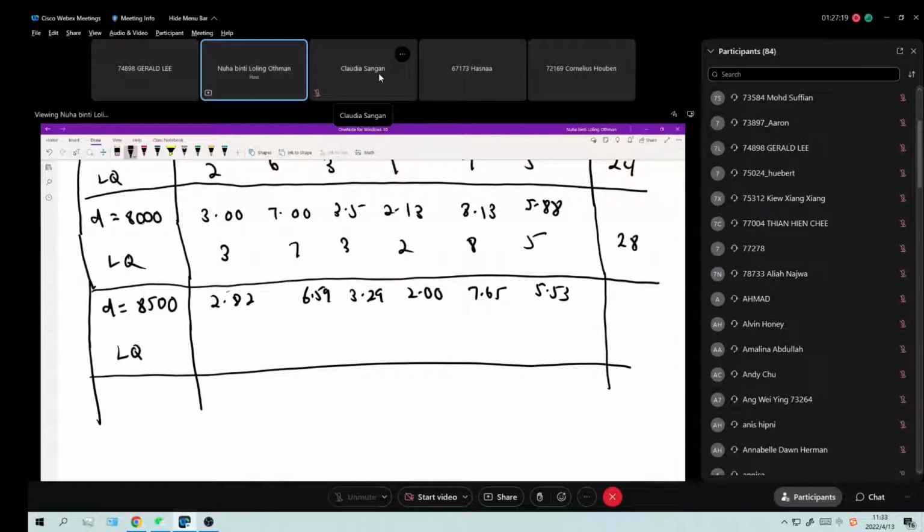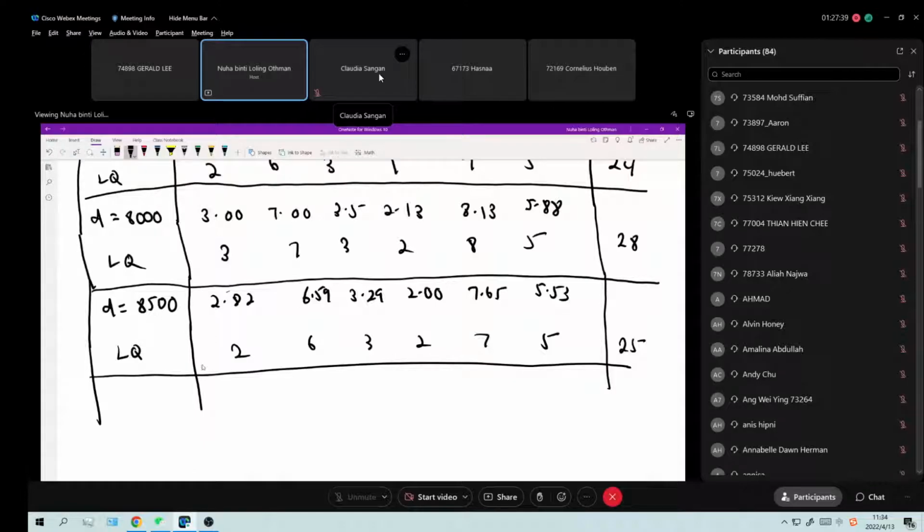So this one lower quota 2, 6, 3, 2, 7, and 5. When you calculate this one, 25 apportionment. So meaning that the modified quota that gives you the correct apportionment is D equal to 8,500.